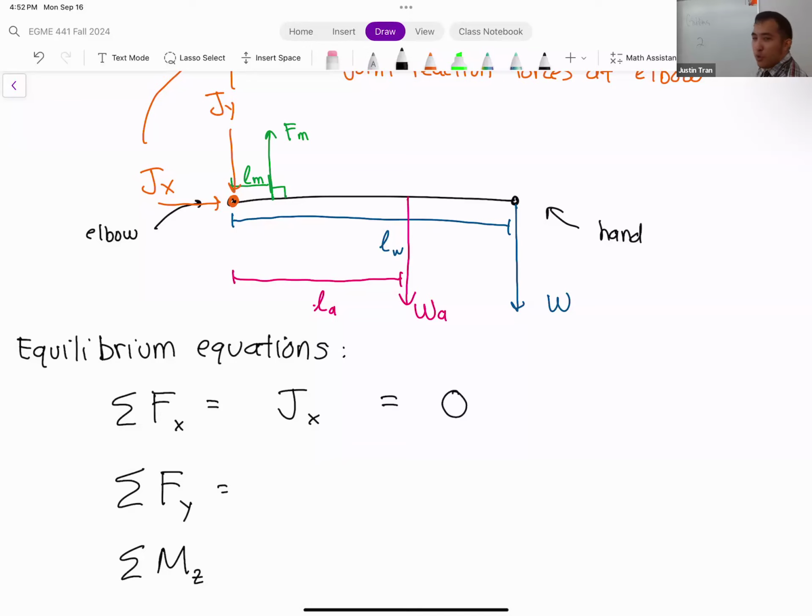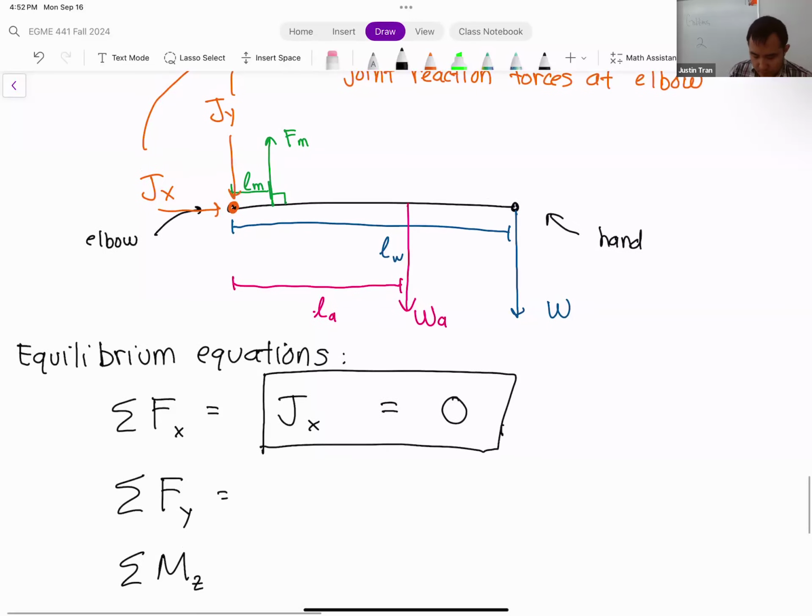All right, so from our first equation, we've already solved for one of the unknowns right away. In this situation, we don't have any reaction force in the x direction, which makes sense because all of our external forces here are in the y direction, and even our muscle force, we've assumed it to be purely in the vertical direction. Let's solve for the sum of the forces in the y direction.